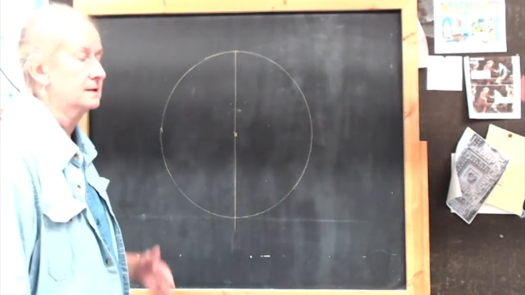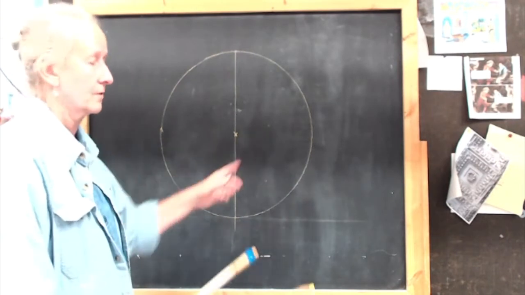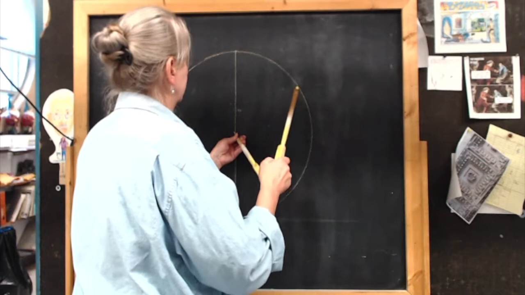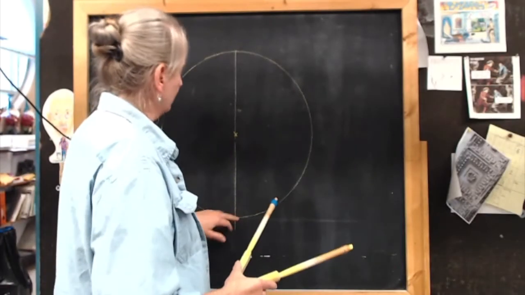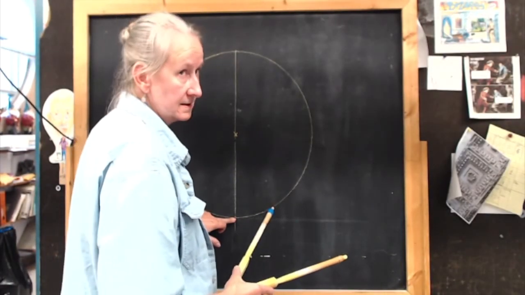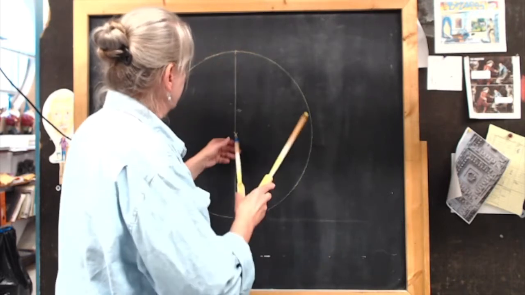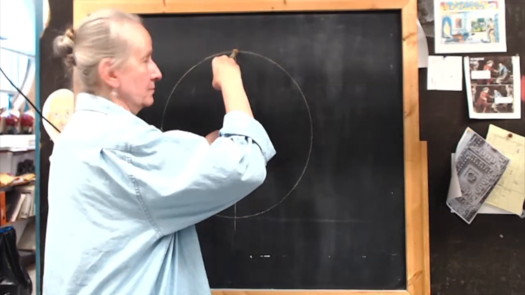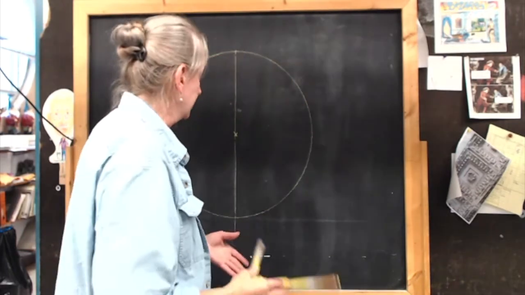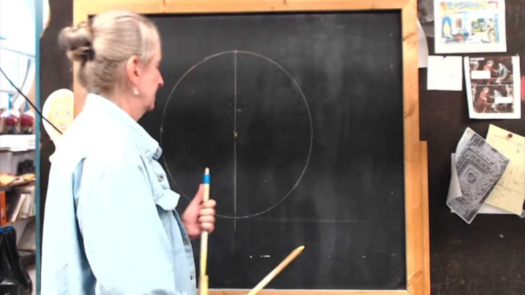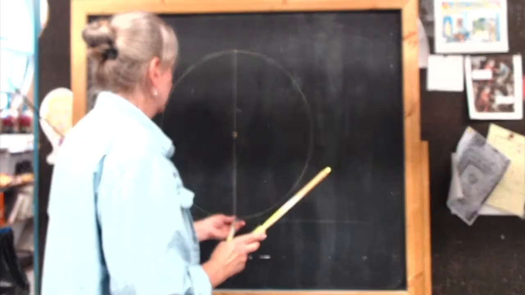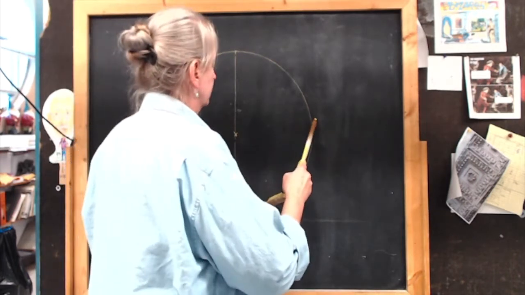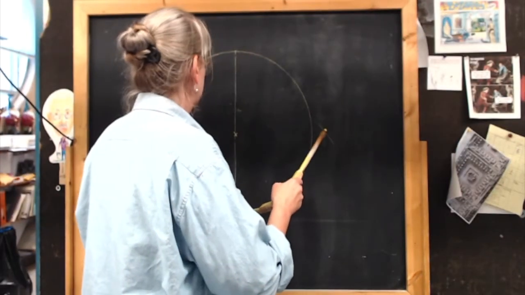But now I want to find a line that is horizontal to that. So we're going to do what we just did, except that we don't even have to measure out. Remember, like with that first line, we measured out and we found these points. Those points are already established for us because it's a circle. So now I can just go to where that first line crossed the circle, and I can draw an arc.